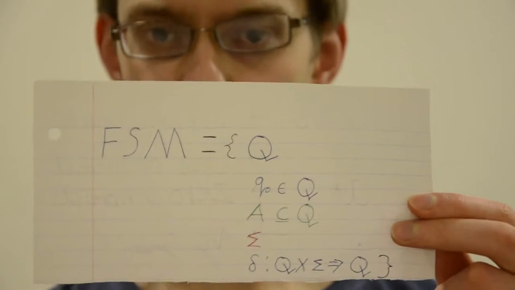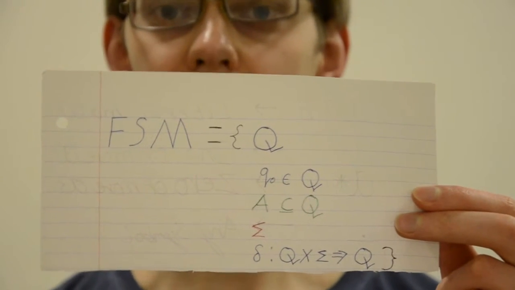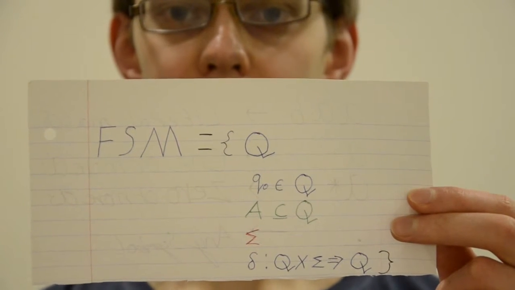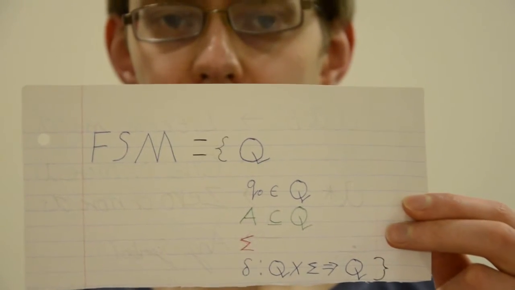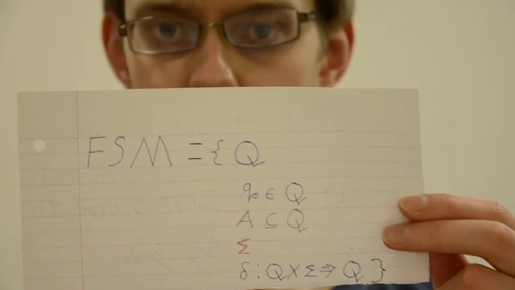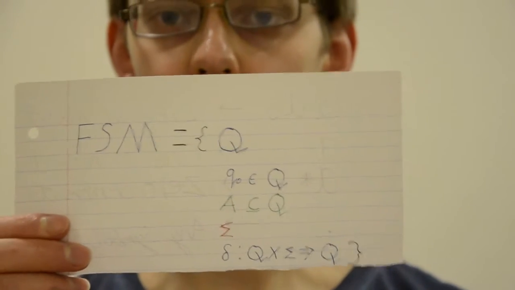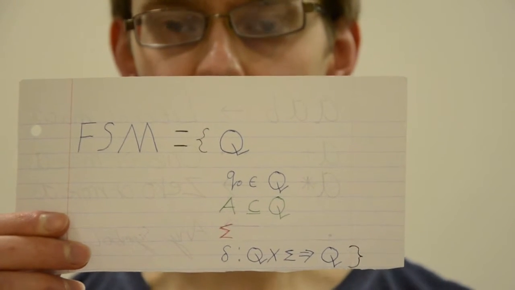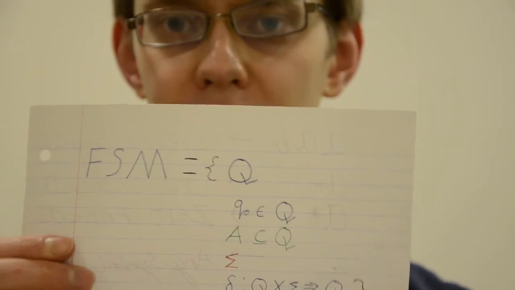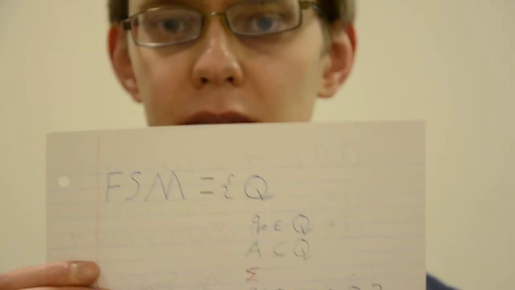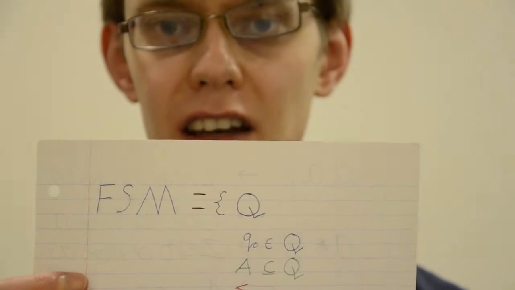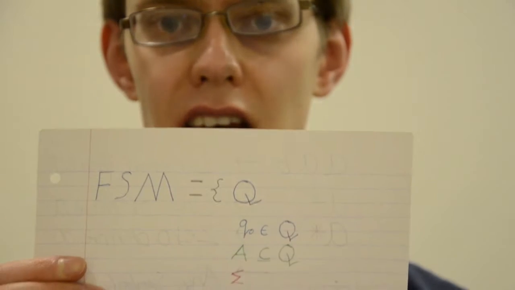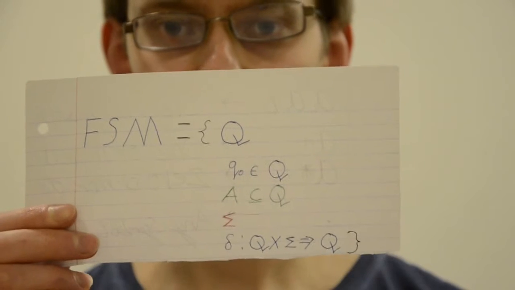Then there is an initial state, which is obviously a member of the total states. Then there is an accept state, or multiple accept states, which are a subset of the total states, and are the points in the automata's execution where it will recognize the pattern within the language that it's been given and accept it.